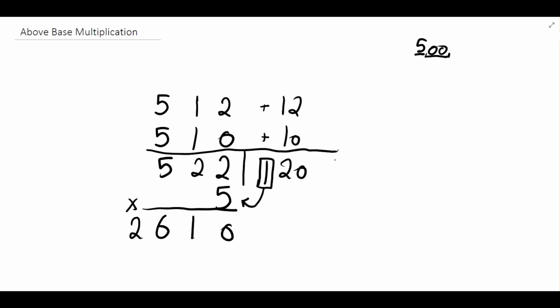That means 2610 plus 1, 2611, and so our final answer will be 261120. You see, we added 1 to 0, so we got this as our answer.